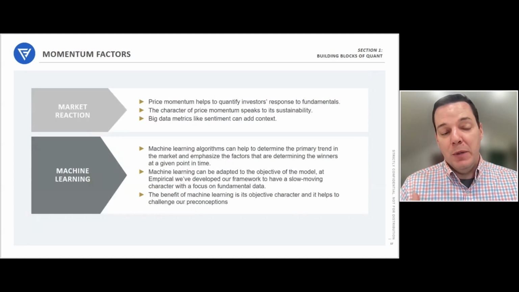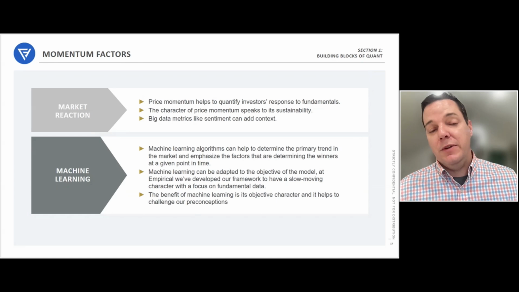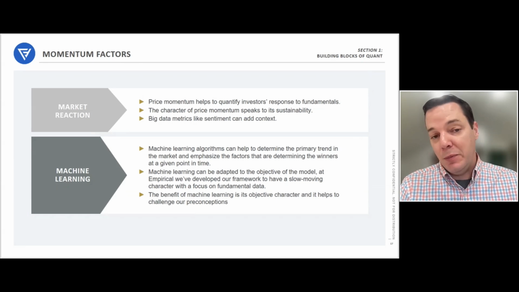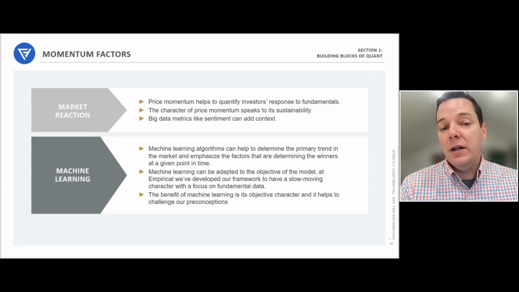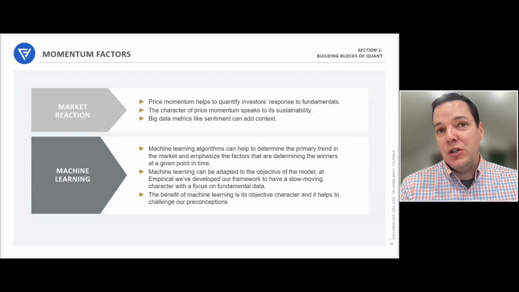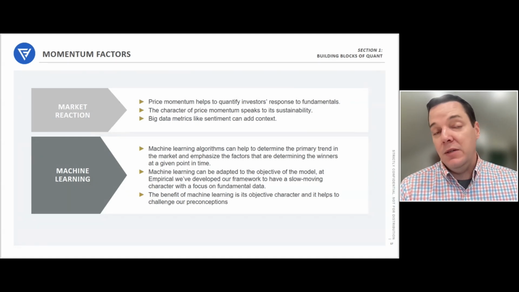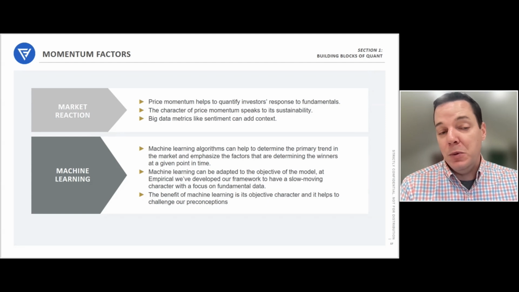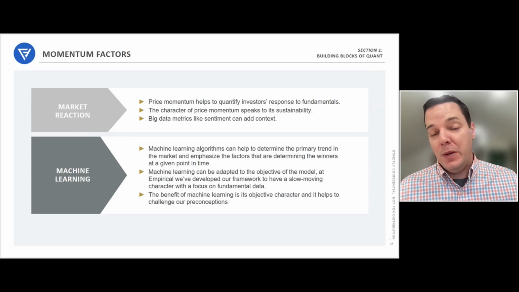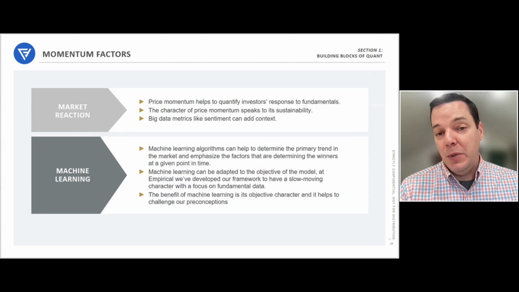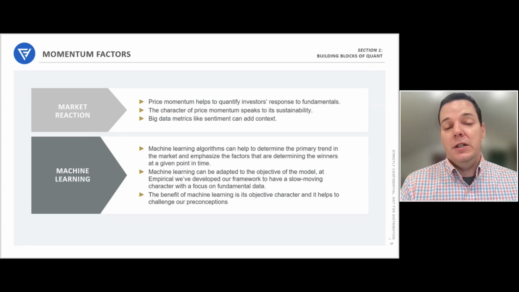And so moving away from the fundamental factors, kind of the more momentum-oriented factors, market reaction, which we talked about, a lot of price momentum there. We look at the price momentum in certain contexts, right? Having great price momentum on its own is really positive, and we tend to rely on 9-month price momentum as our signal. But again, the look back period can range depending on your intent when it comes to constructing the model.